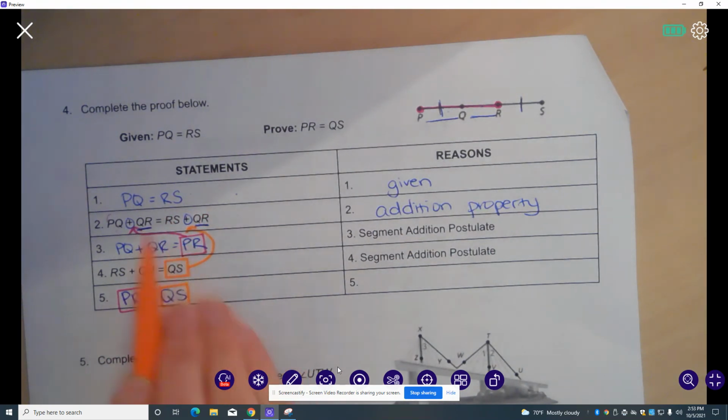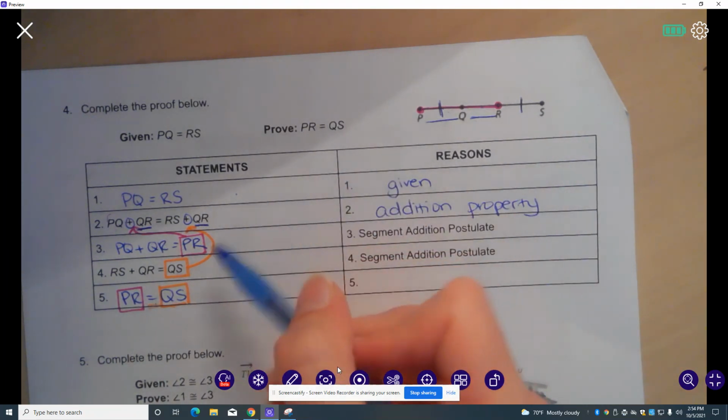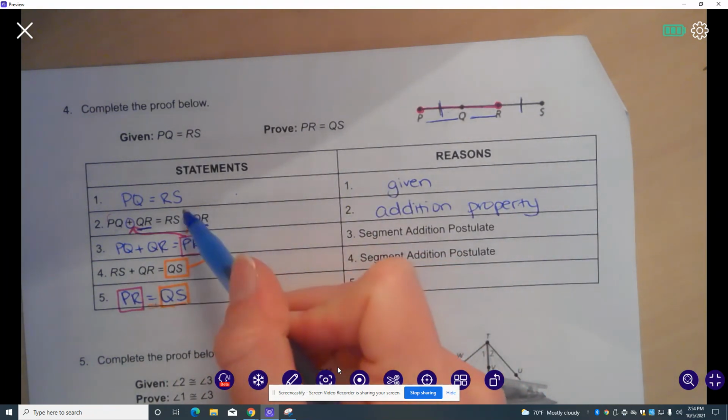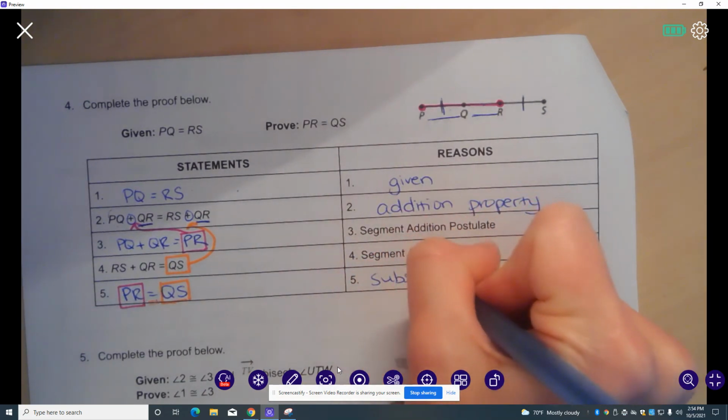If you plug in PR on the left side of this equation and QS on the right side, you are left with equation 5: PR equals QS. So to get statement 5, we are substituting statements 3 and 4 into statement 2. We're using the substitution property.